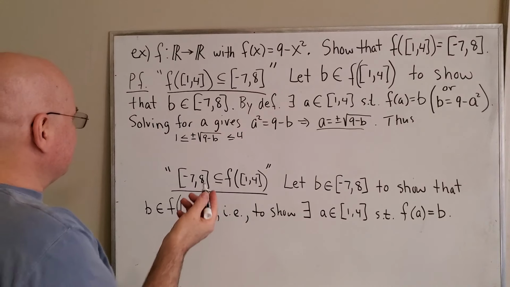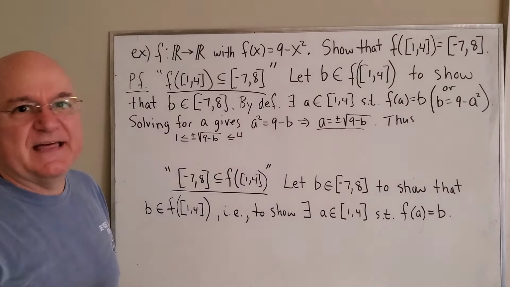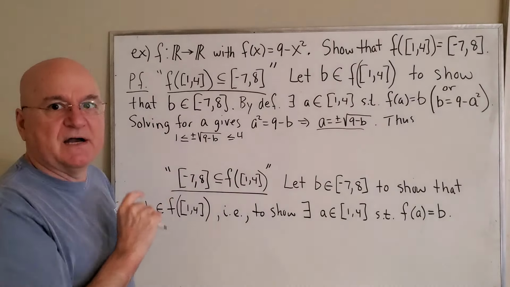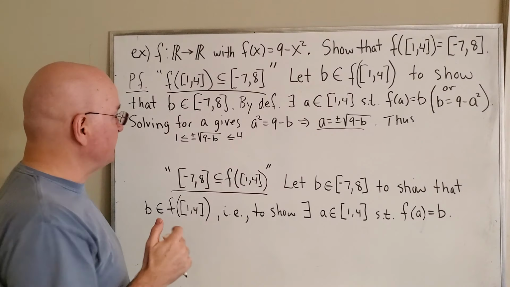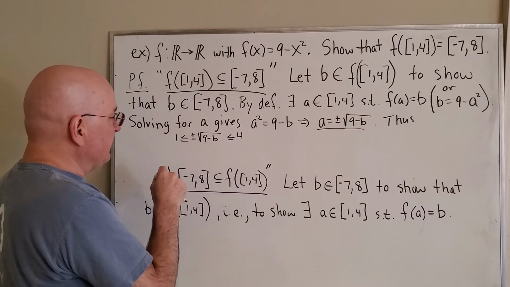We'll notice that the negative version of that is impossible. So our a must be the positive version, because a radical is a positive square root, a positive number. Clearly a negative number is not between 1 and 4.